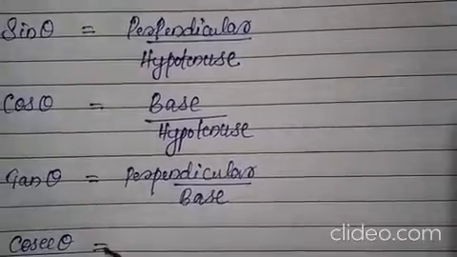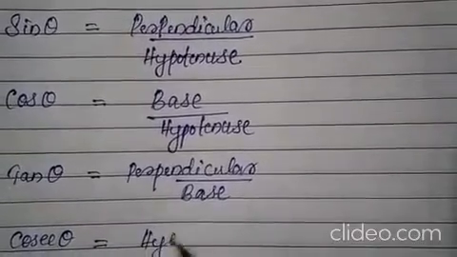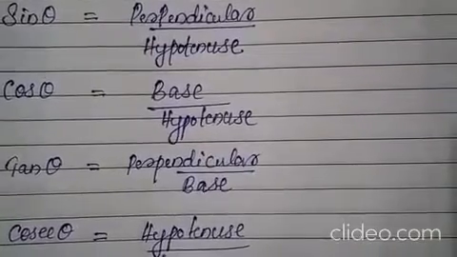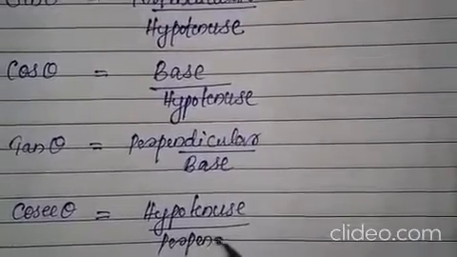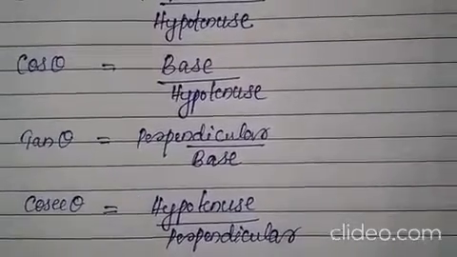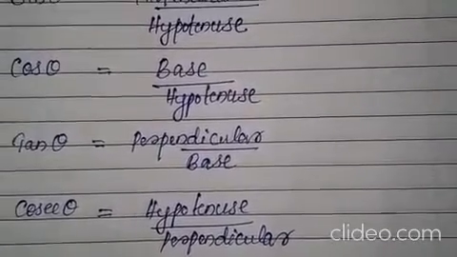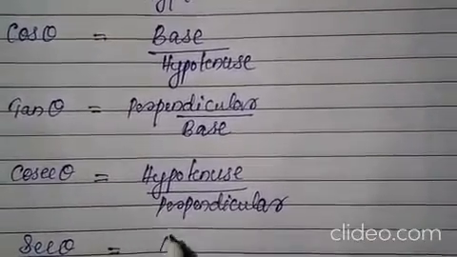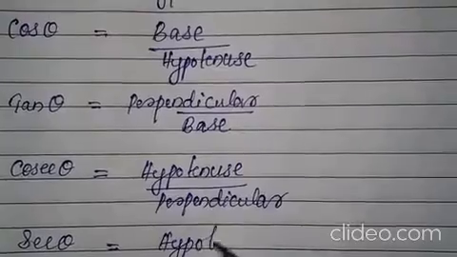Cosec theta equals hypotenuse by perpendicular. And the fifth one is secant theta, or sec theta, that is equal to hypotenuse by base.